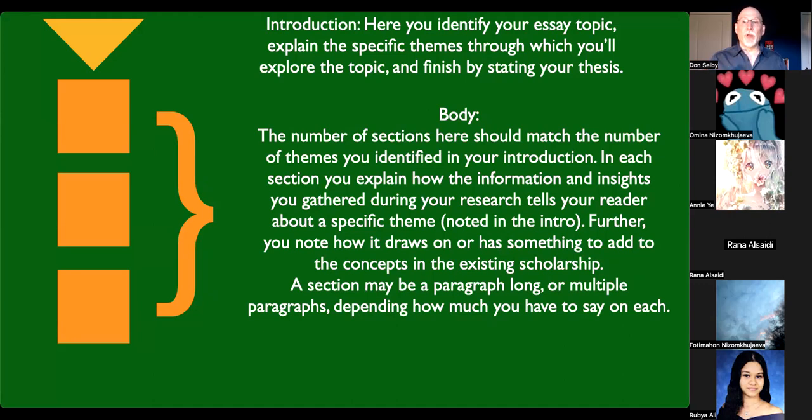You want to let your reader know in your introduction what the terrain of your paper is going to be. You're giving me, as the reader, a roadmap so that as I make my way through the body of your paper, when you raise the different themes, I already know that they're coming up. So I'm oriented to the kinds of things that you're going to tell me.